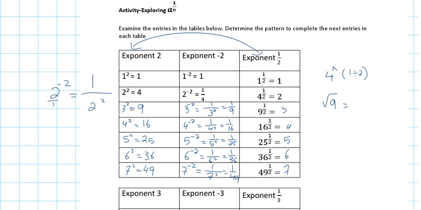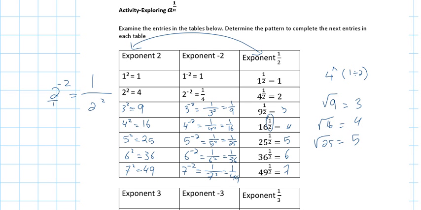What if I do the square root of 16? What am I going to get? What if I do the square root of 25? 5. So that power of half is the same thing as the square root.